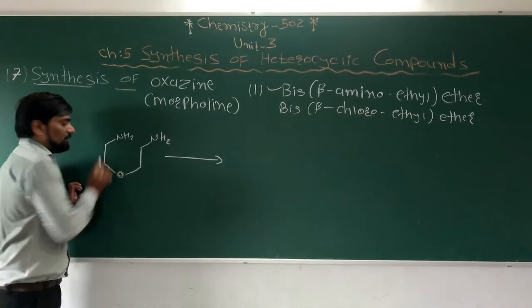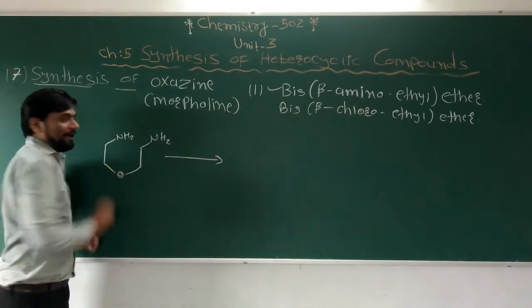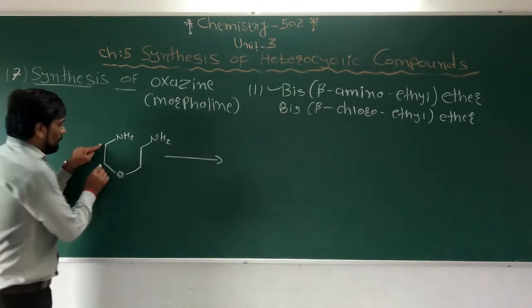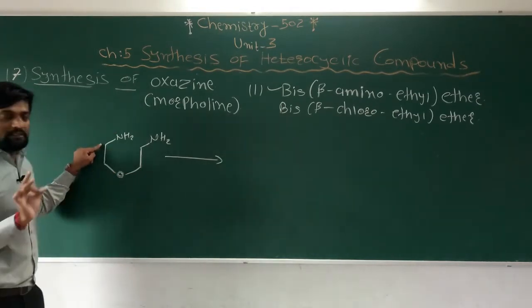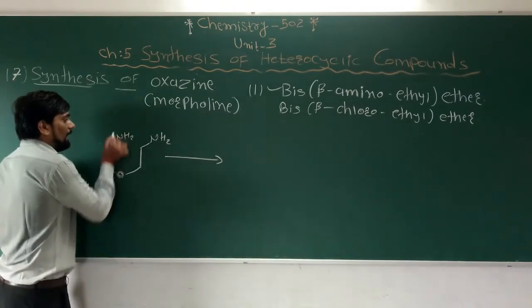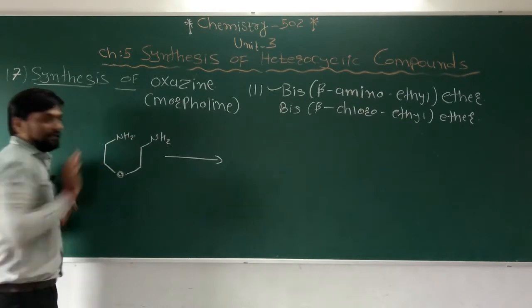Here CH2 NH2, and here also CH2 NH2. The NH2 is present at the second position, meaning positions 1 and 2 have an NH2 group. That's why this compound name is beta amino ethyl ether.